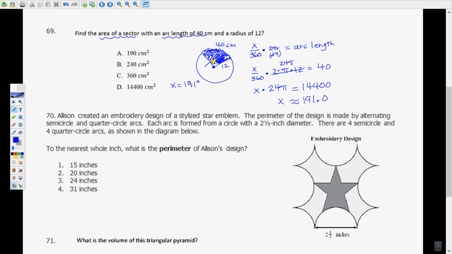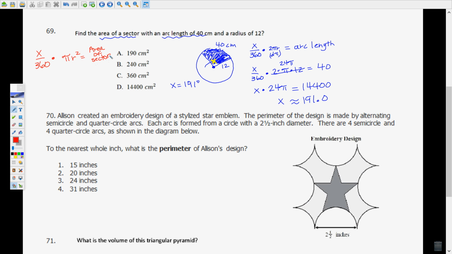Now you use that in the area of a sector formula, which is X over 360 times, this time, the area of the circle, pi r squared, and that equals the area of a sector. Go back, look over your stuff that we've done for this.